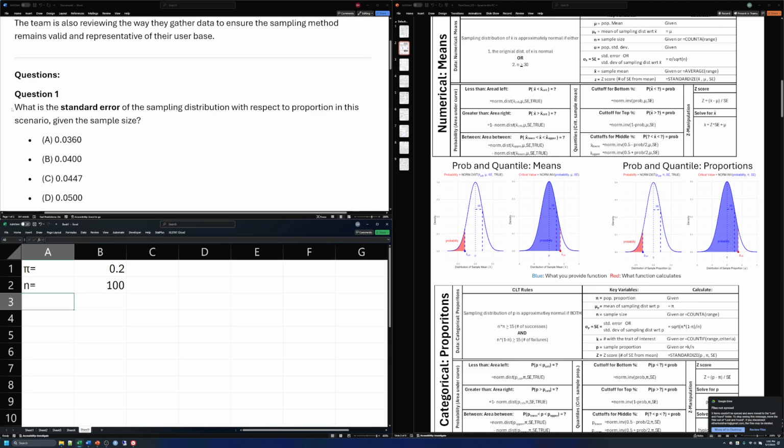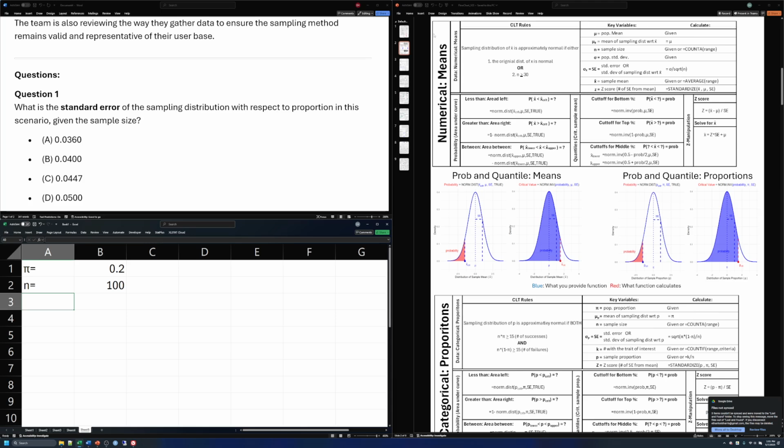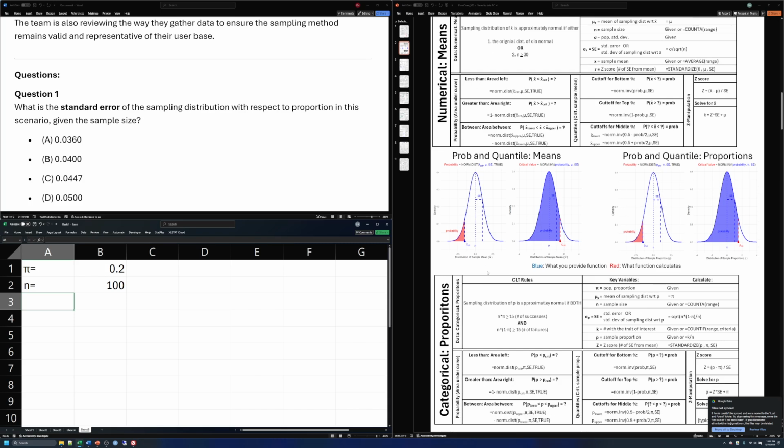Okay, let's look at our question. The first one asks: what is the standard error of the sampling distribution with respect to proportion in this scenario, given the sample size? So when we are looking at this standard error, one place that we can look is when we are dealing with numerical data with respect to proportions.